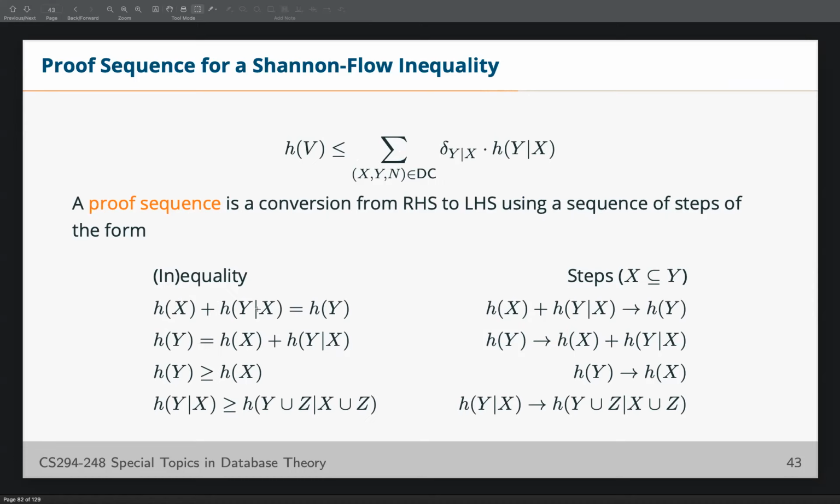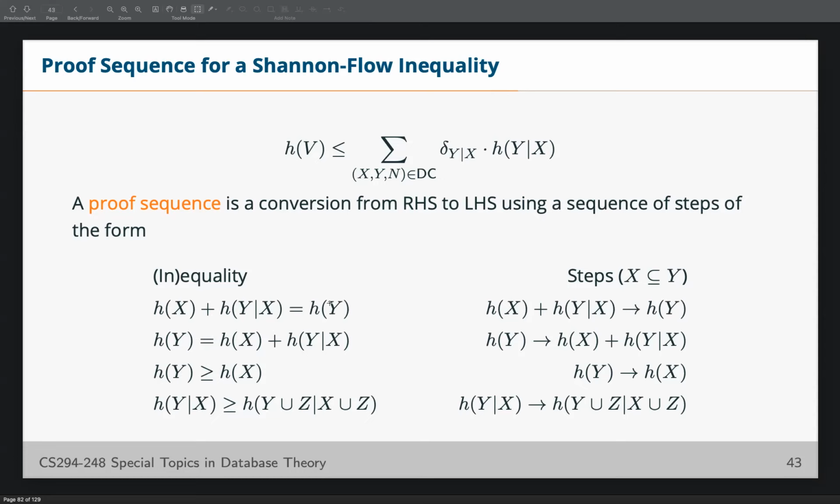You can do composition. Remember, we saw this composition just now. We can do decomposition, right? So you can condition on X. This step we didn't have in the example, but in a general case, you might need the step where you move from H of Y down to H of X, if Y is a superset of X. And finally, this is nothing but submodularity, right?